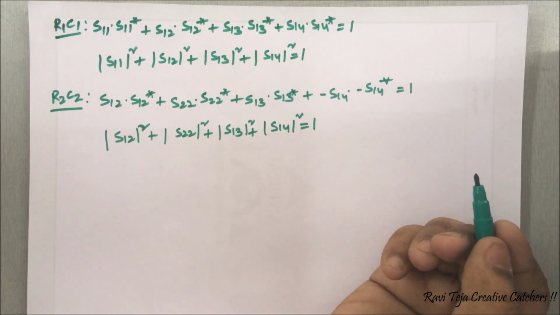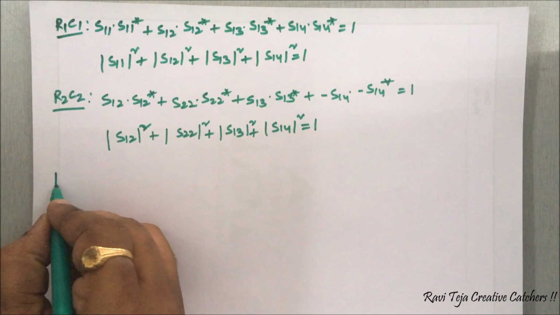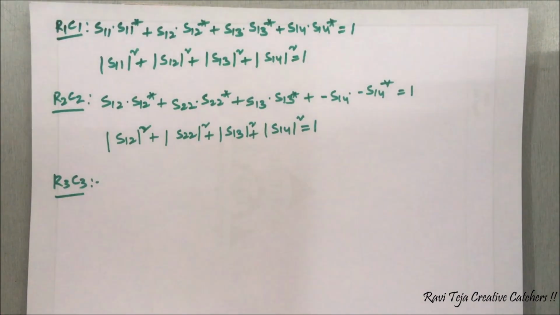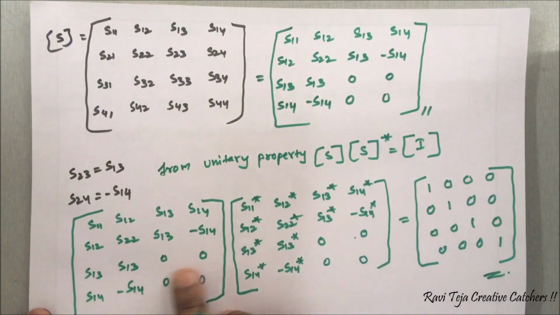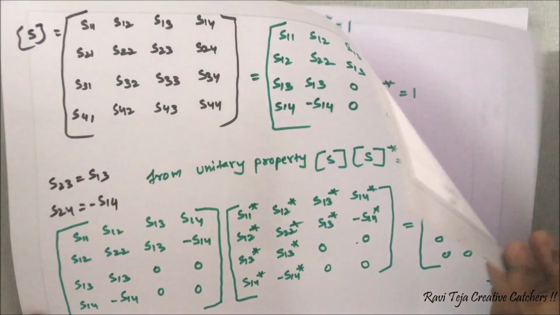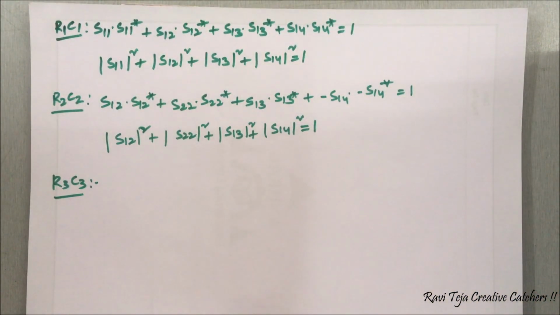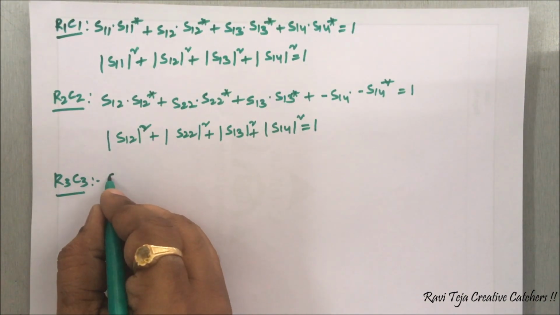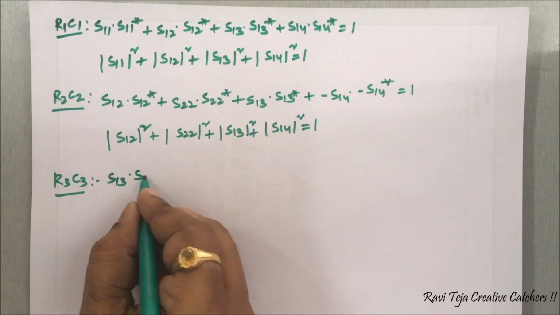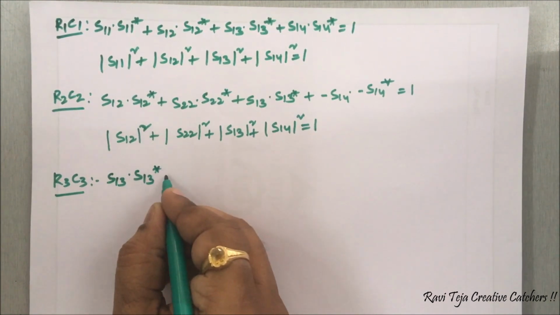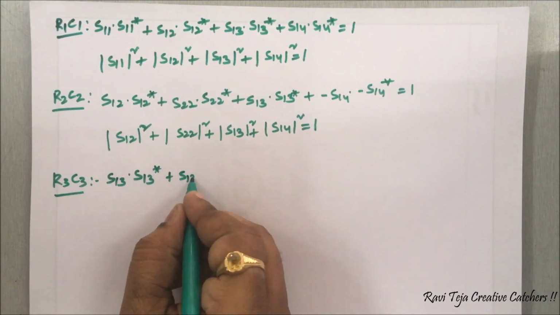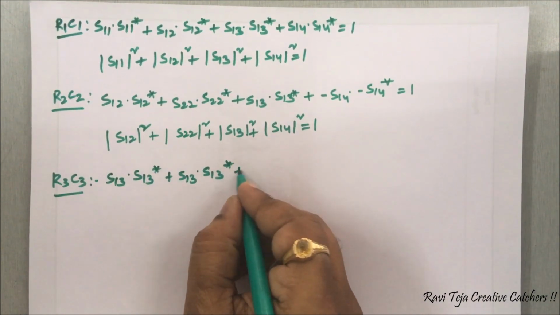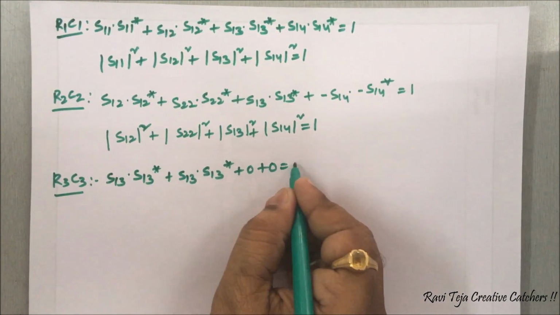Okay, now coming to R3 C3, row 3 and column 3. If you calculate row 3 and column 3, S13 into S13 star plus S13 into S13 star plus 0 is equal to 1.